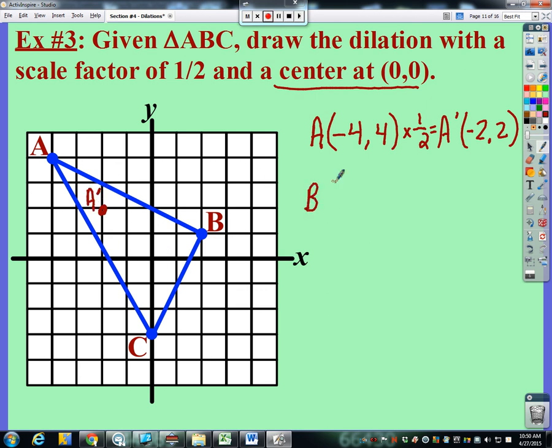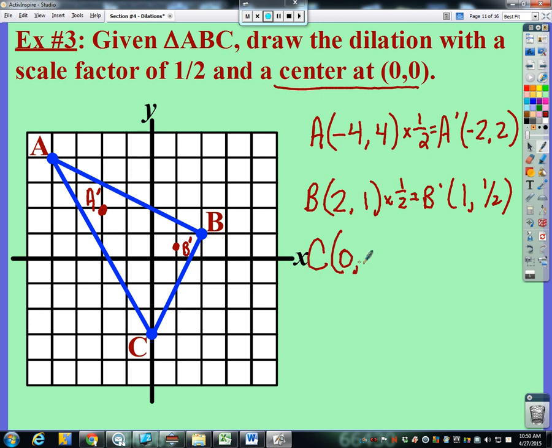And if I did the same thing with B, B is at the point 2, 1. And if I multiplied it by 1/2, well then B prime would be at 1, 1/2. So if I went over 1 up 1/2 unit, there's where B prime is. And then likewise with C. C is at 0, -3.